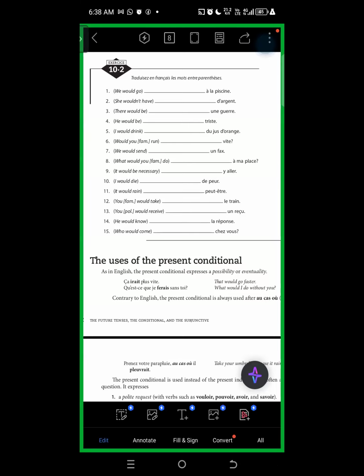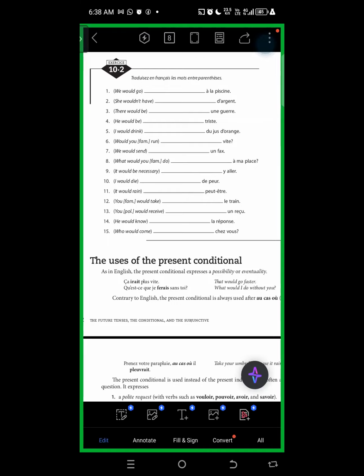What would you do? That's qu'est-ce que. No, it cannot be est-ce que. That's the key, the relative pronoun.